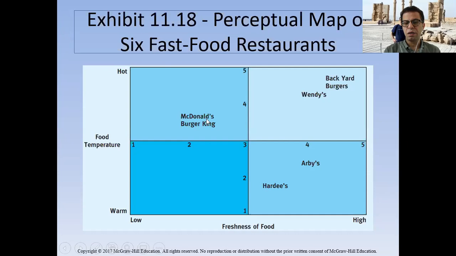So they can improve their operation and move toward freshness, or they can do both and make it more hot and more fresh, which they will reach if customers are seeking fresh food and hot food.